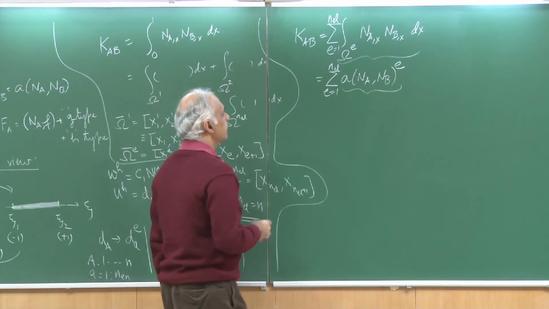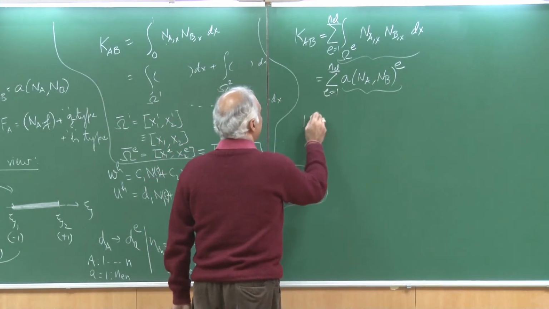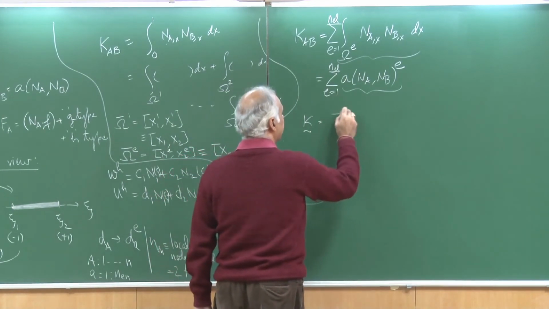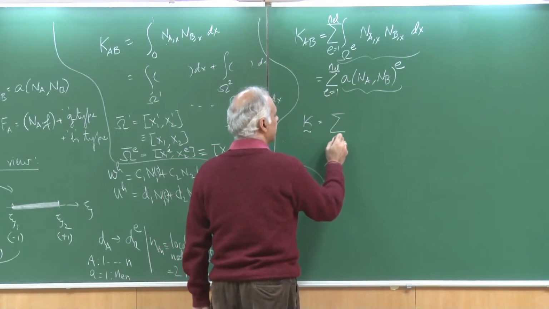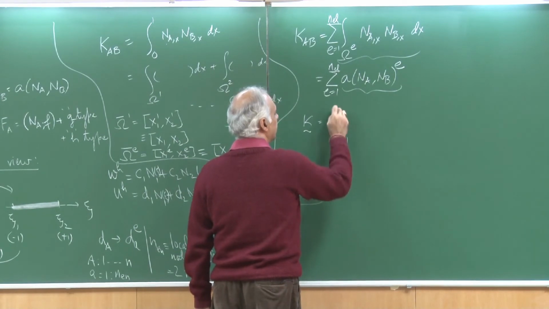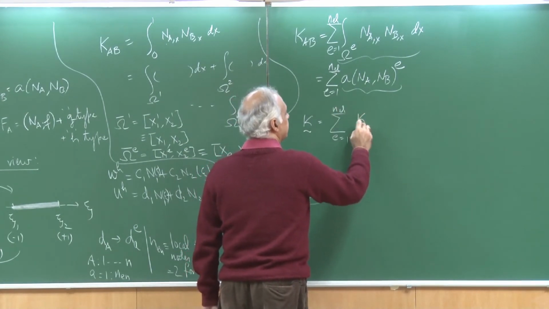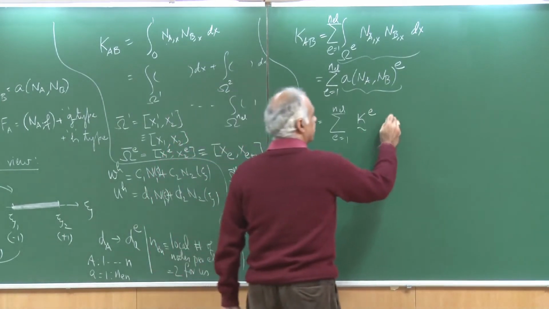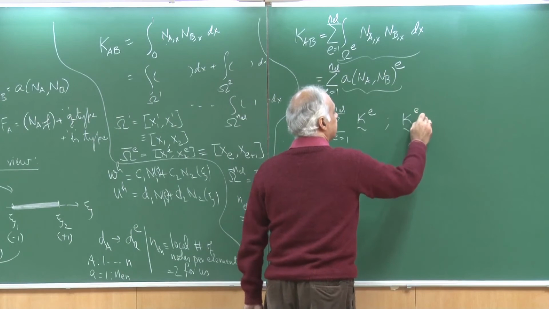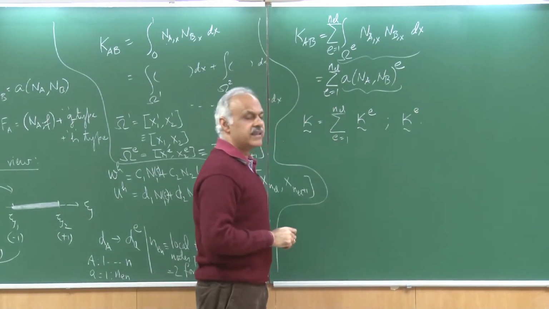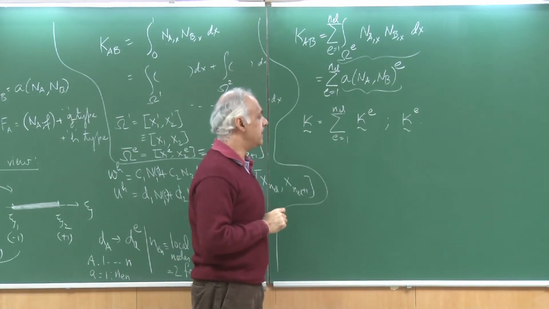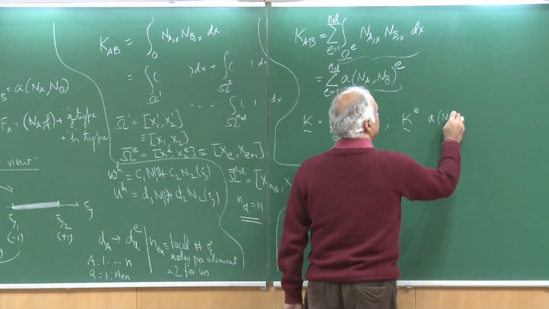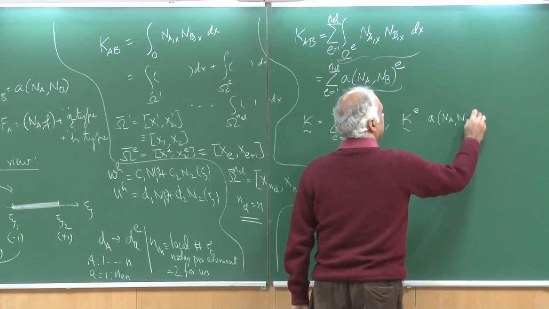So, now what I have is K, my stiffness matrix. I am able to now write it as summation over all elements 1 to NEL of Ke, where Ke is still the stiffness matrix, but it has contributions only from the element E, and that, as you can see, is given as a of Na, Nb at the element level.